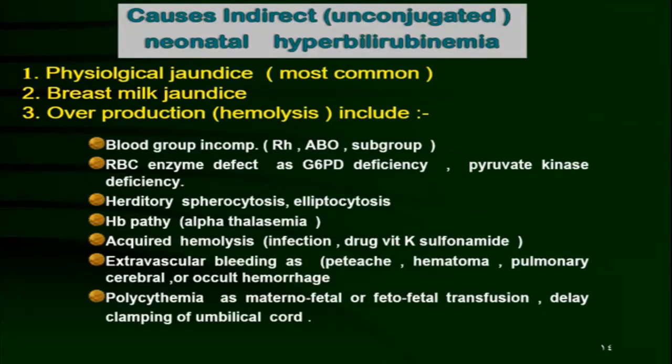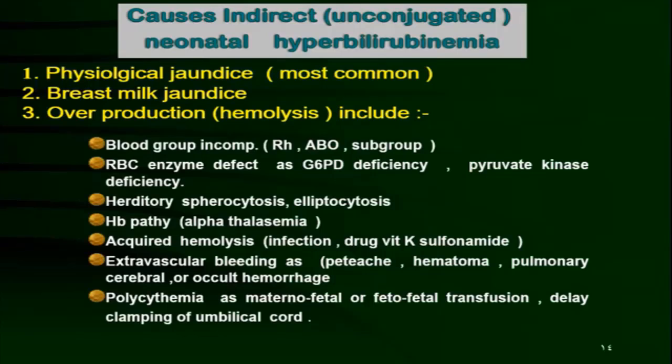What are the causes of indirect hyperbilirubinemia in neonates? First of all, we have physiological jaundice, which is the most common cause, breast milk jaundice, and overproduction, or hemolysis, which includes many causes. The most important and most risky cause is blood group incompatibility, like Rh, ABO, and subgroup incompatibility.